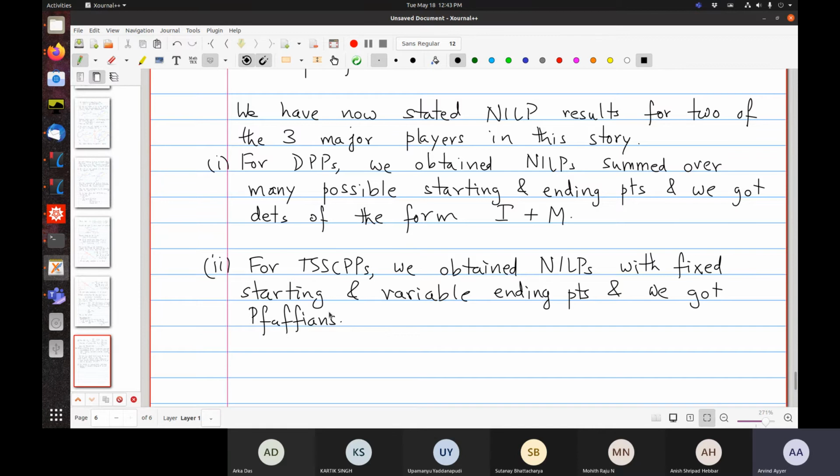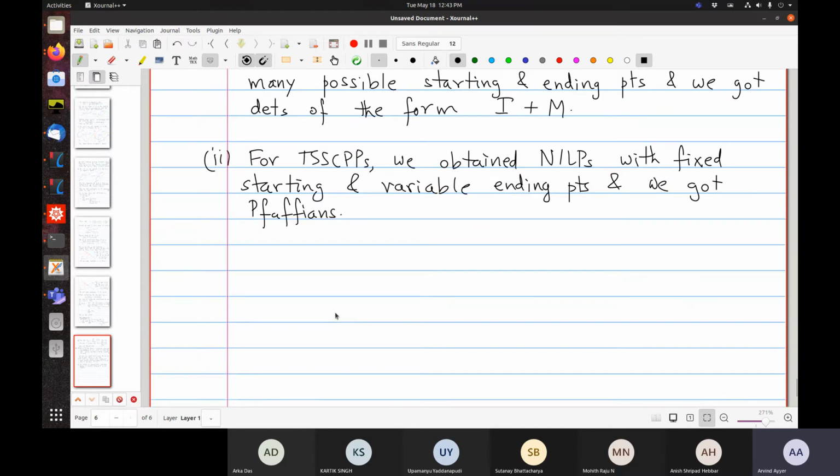Okay. So for the third case, we now want to prove enumeration formulas for ASMs.